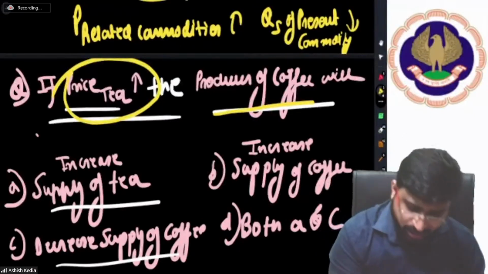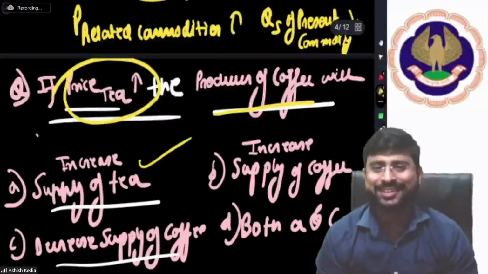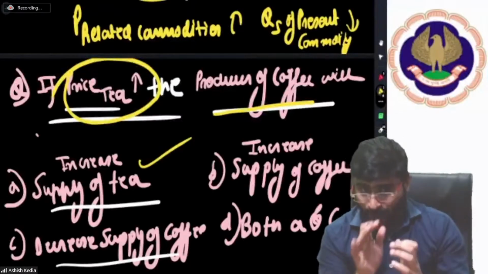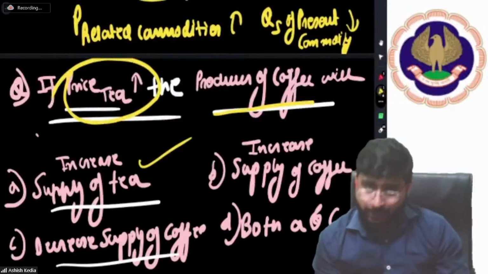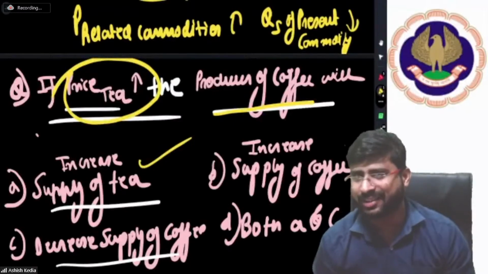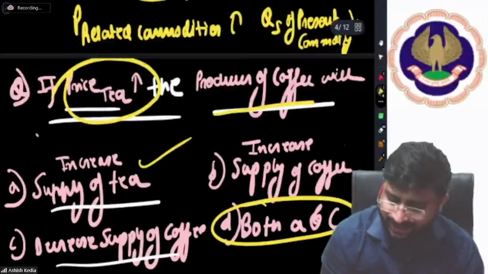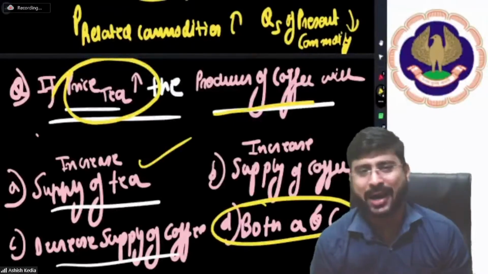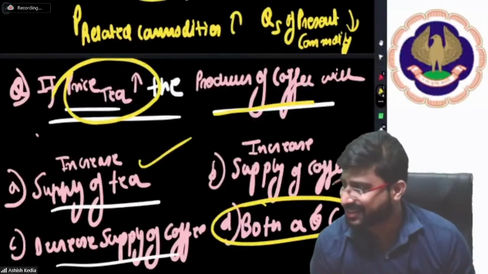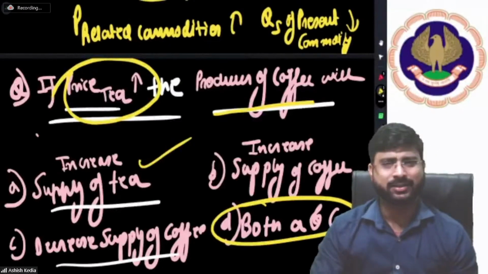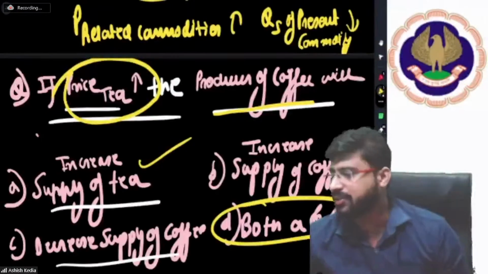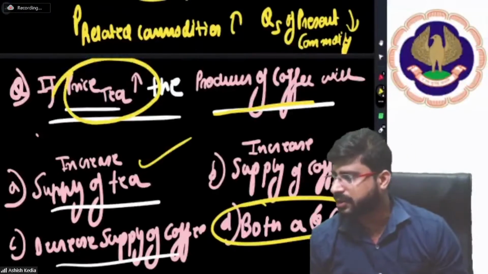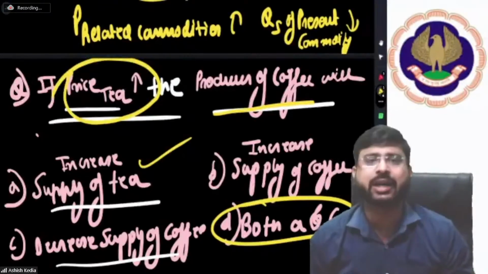And therefore, this is correct. But simultaneously, they will not only shift to tea, they will also reduce the production of coffee, isn't it? So both A and C will be the typical impact. Okay, sir. Yes, sir. You are absolutely correct.